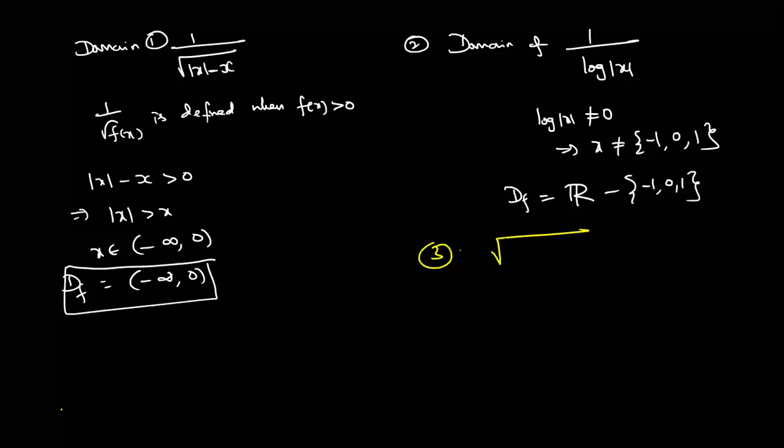Okay, anyone tell me. Question number 3. Root over a fractional part of x, what is the domain? Okay, anyone? X minus mod x. What is the answer? Challenging anyone?